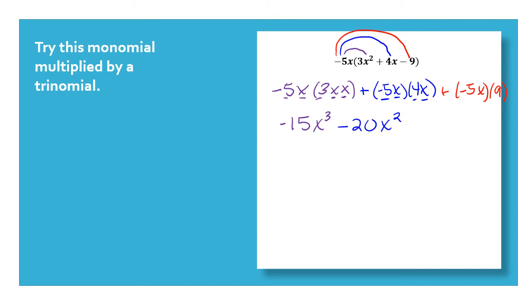And then last, I have negative 5 times positive 9, that gives me negative 45. And then I have this little solitary x right there, so that just gets attached onto the end. So this expression here, negative 15x cubed minus 20x squared minus 45x, that's another way to write this original expression up there at the top.